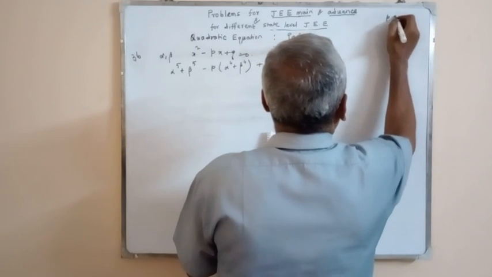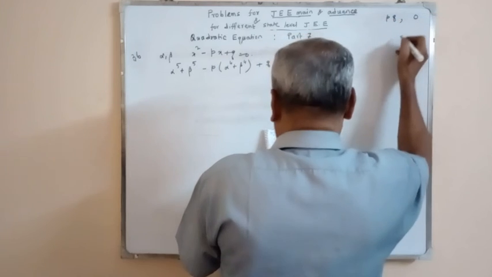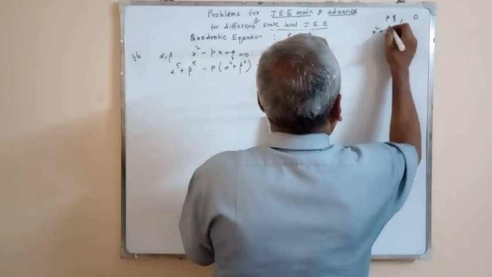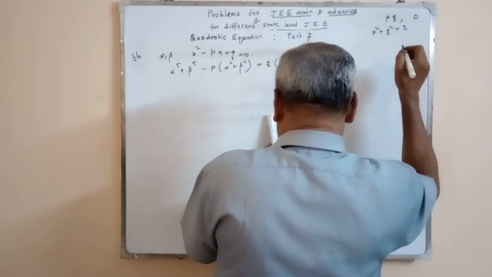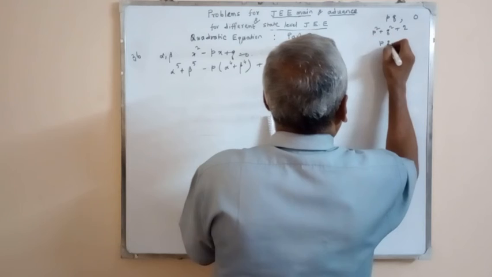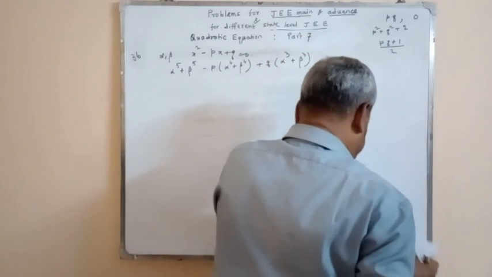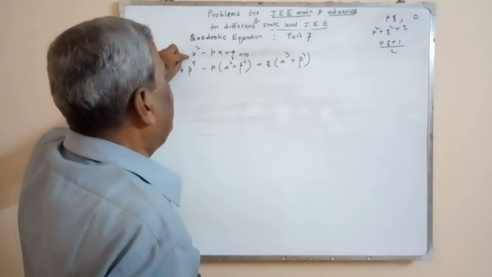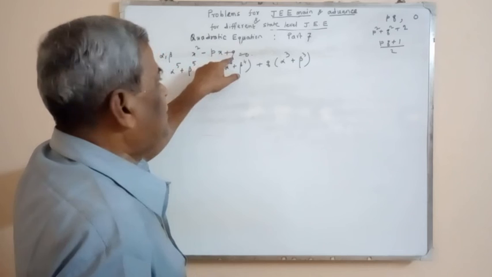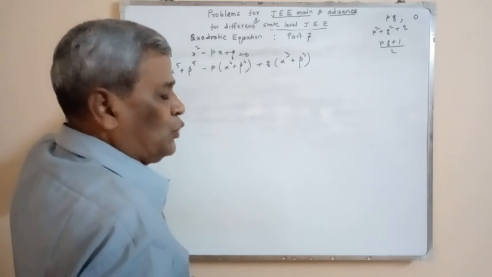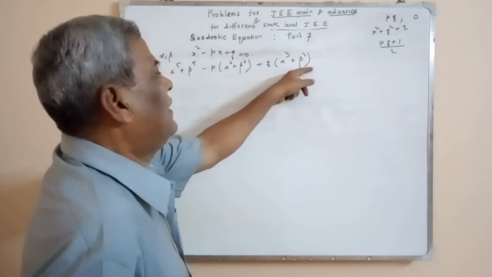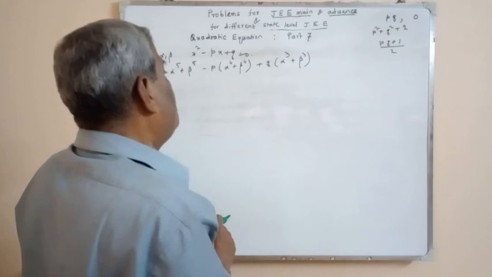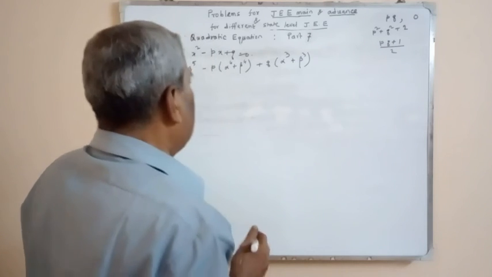One is pq, other is 0, third one is p square plus q square plus 2, and fourth option is pq plus 1 by 2. Given a quadratic equation x square minus px plus q is equal to 0, alpha, beta roots, then we find the value of this in terms of coefficients; answers are in terms of p, q, 0, etc.